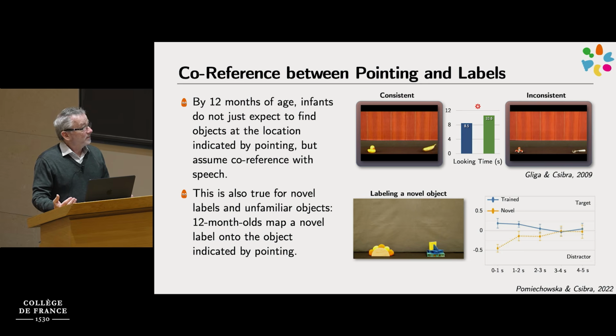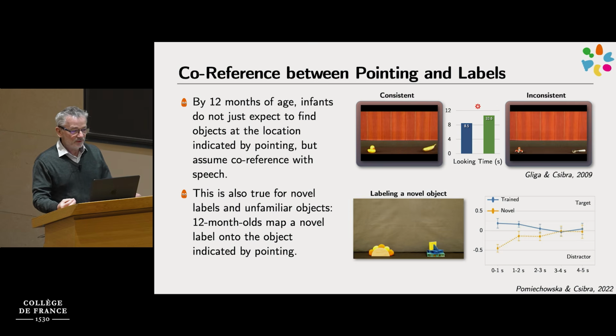That's good news, but they interpret the labels in a way that shows they interpret the pointing as a referential signal. Otherwise, they would not be able to match the labels with the objects or learn the labels for the objects. So, at least by 12 months of age, probably earlier, infants figure out what someone is talking about, and they interpret it as a referent.